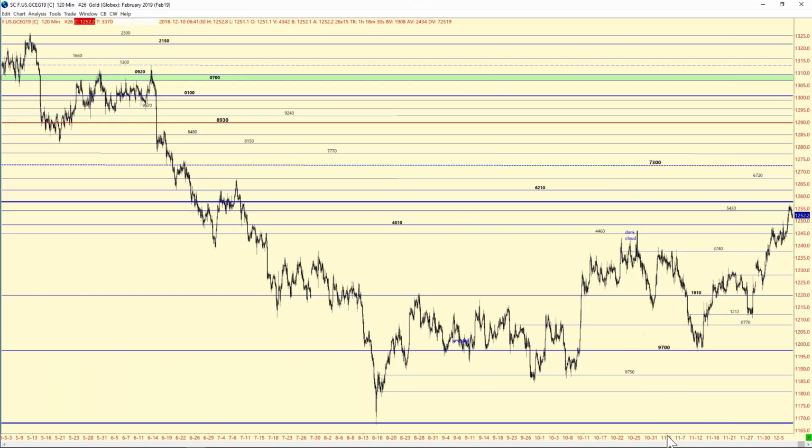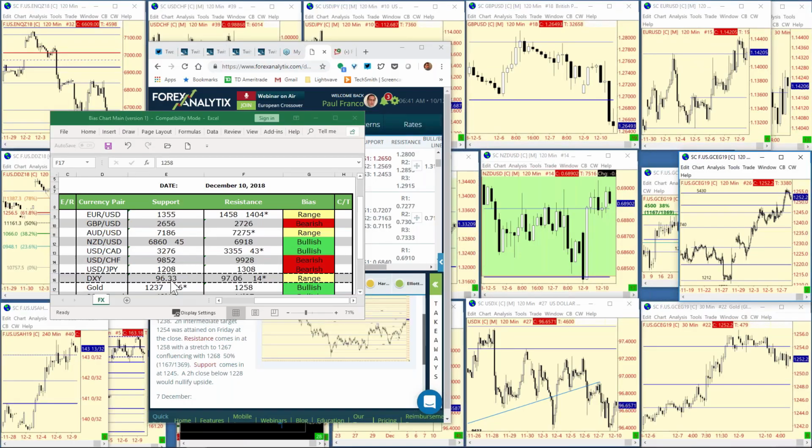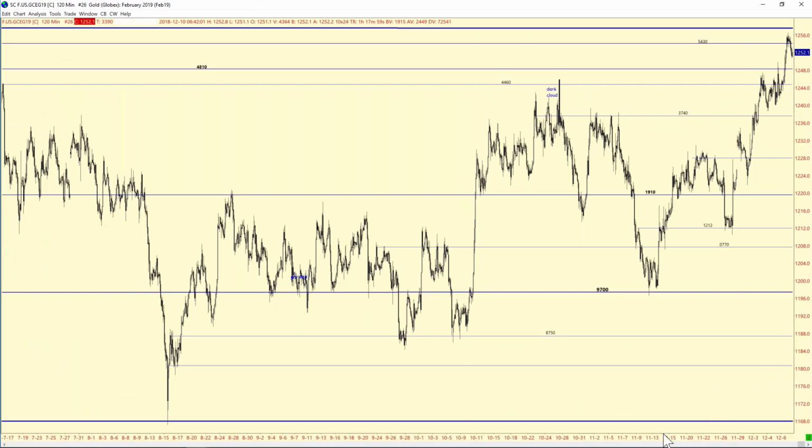On the 2-hour chart, our support comes in at 1245, it's 1244.60. The daily has huge support at 1237.5, which we call 1238. So you're going to go with 1245, but you could be careful. You can slip here because it's been just a grind moving higher, and we've come off a bit from this 1256 after getting up there.